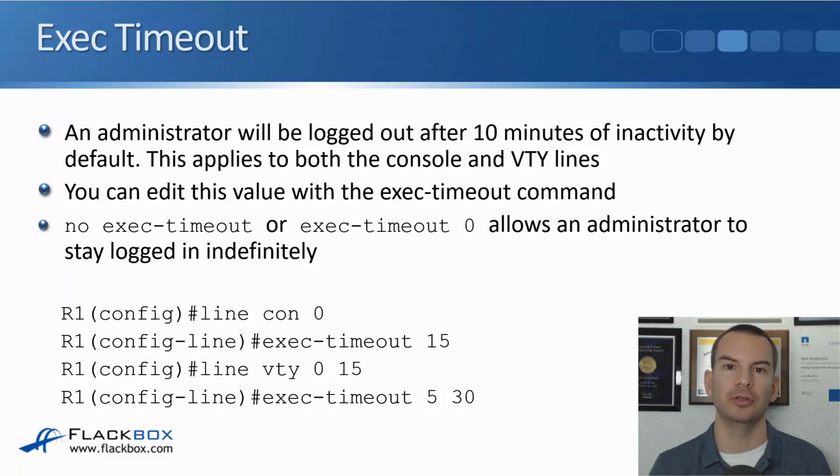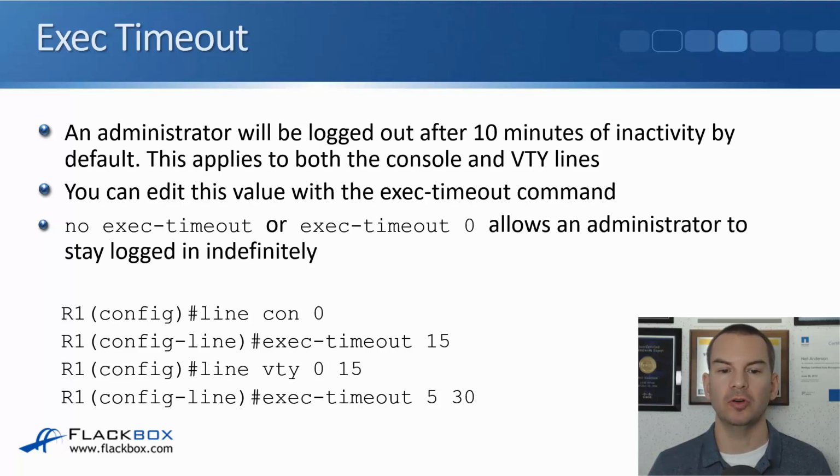So you could set it to log you out quicker, or you could set it to log you out after a longer period. If you say no exec timeout or exec timeout 0, that disables the exec timeout, which means you can stay logged in indefinitely. The commands to configure this, again, it's configured at the line level, so you can do it separately for console and for Telnet.